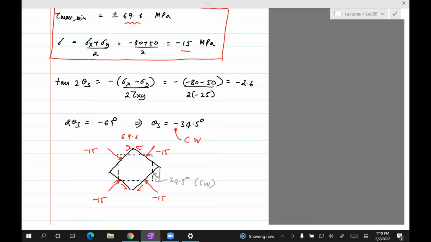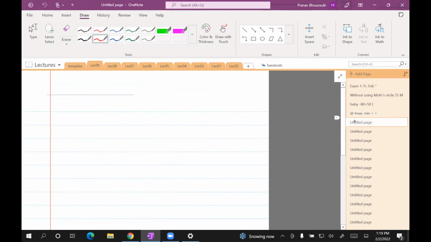I'm going to use the same plane stress element, but solve a different problem, so you get an idea of the various things which possibly can be asked with the Mohr circle. So here's the second example.